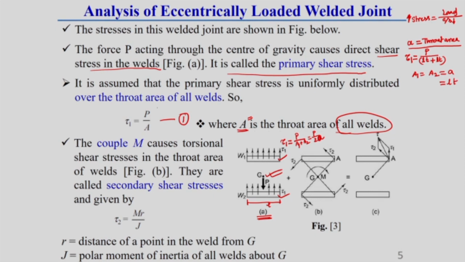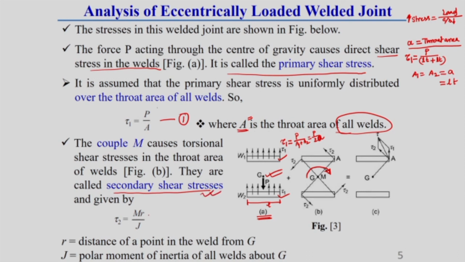Now, we will discuss what secondary shear stress is. The secondary shear stress will develop due to this couple M, the second term we showed there, due to shifting of the load from O to G. We know at G there is a direct force P and a couple M. This couple also develops a shear stress, which is called secondary shear stress.